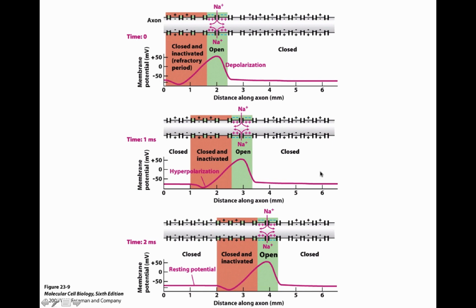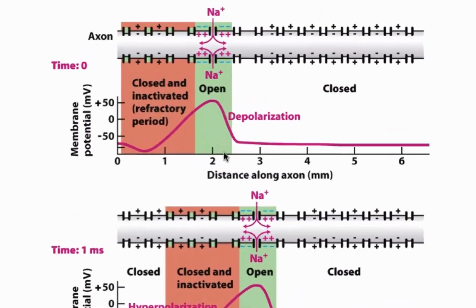In this image from the molecular cell biology book, it's showing the same event, showing little voltage channels, but it's also showing you the distance along the axon and the membrane potential as it changes with the movement along the axon.